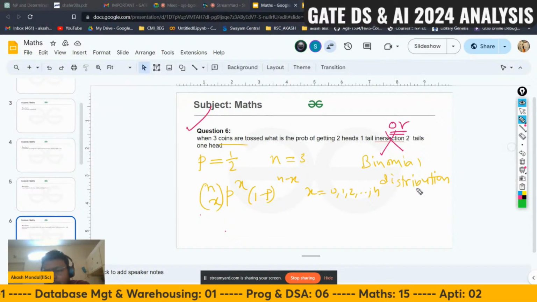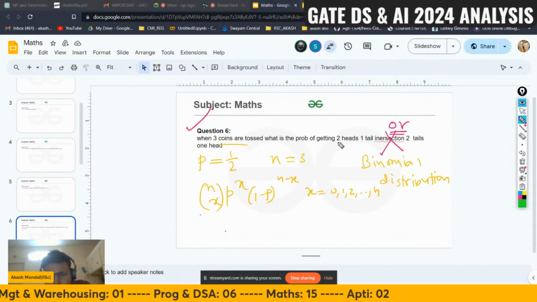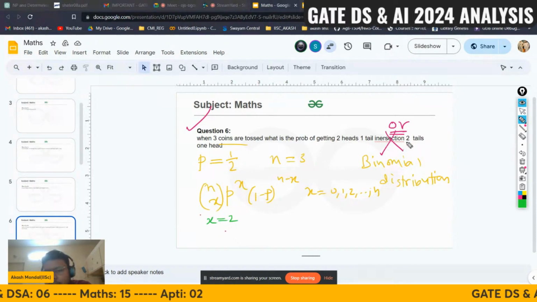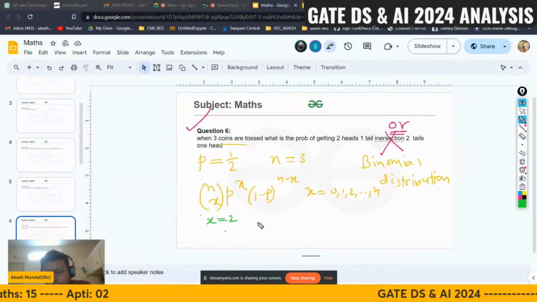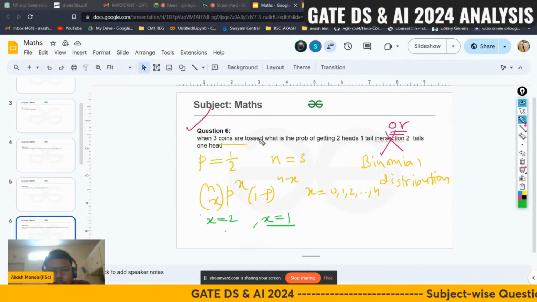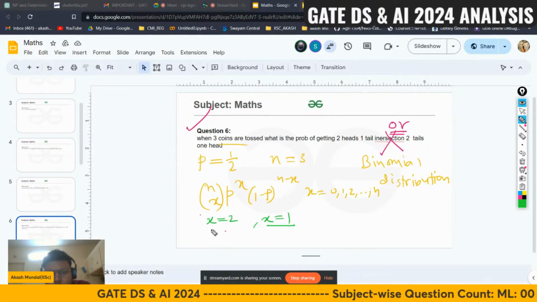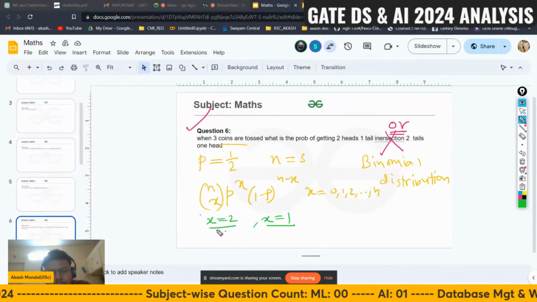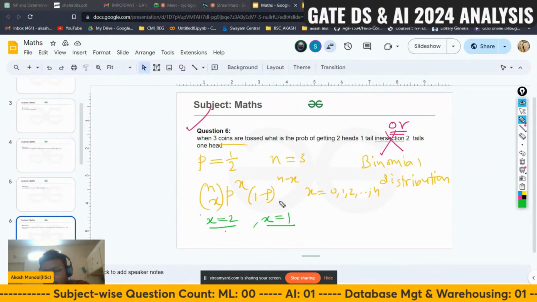Now they are asking the probability of getting two heads, so first you need to substitute x equals 2, and then two tails, one head, that means x equals 1. One head means x equals 1 and two heads means x equals 2. You just need to substitute the values and you can easily solve it.